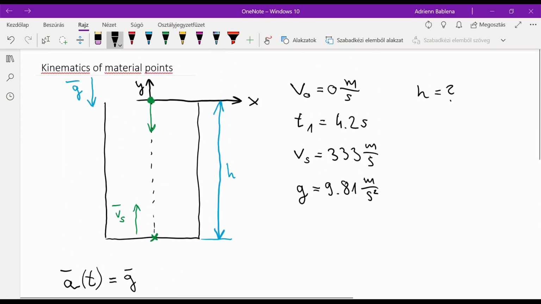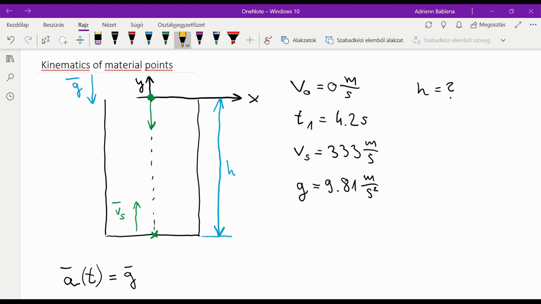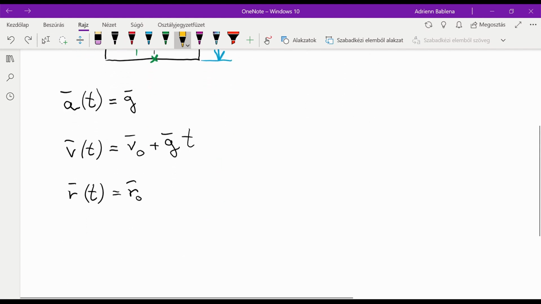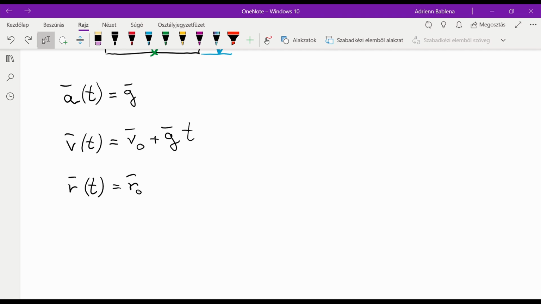Now we know that our initial position is the origo, so our r0 will be 0 again, but in general we have an r0 plus v0 times t plus half gt square, or gt square over 2. It doesn't really matter.